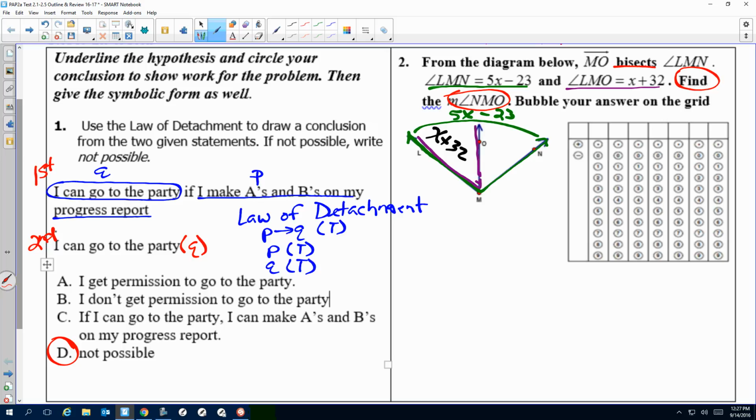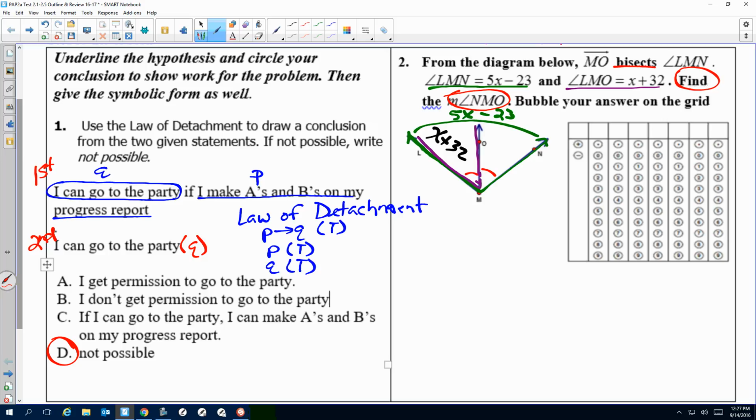Okay. All right. Keyword: bisects. You need to know that if it bisects, it divides it in half. It splits it in half, meaning you have two equal parts. I went ahead and labeled LMN green to show that that's the whole angle. That was 5x minus 23. Angle LMO, that's the angle in the interior adjacent to OMN.